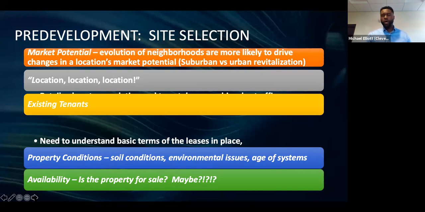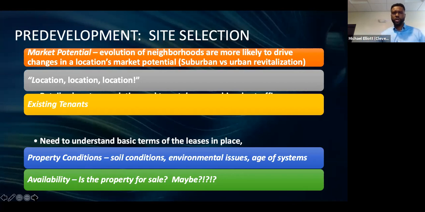So for the market potential that we're trying to increase, evaluations of neighborhoods are more likely to be driven by changes in location and market potential. In other words, location is key. I'm sure we've all heard that before, the importance of landing in the right place, whether that is residential, commercial, or industrial. You want to make sure that location is the key.